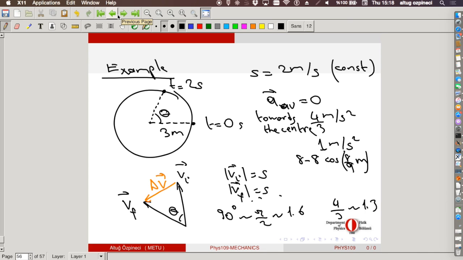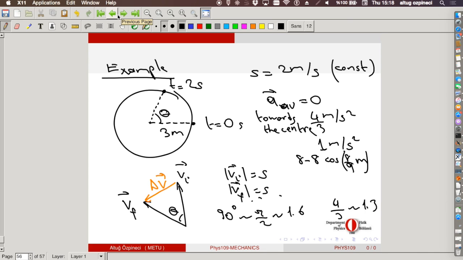The acceleration just tells us that it is changing. Acceleration is again linear, and the average acceleration during this motion is pointing somewhere in that direction. Any questions on this one? And we will be studying this circular motion in more detail.